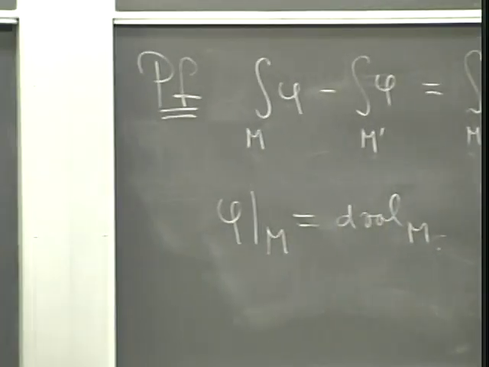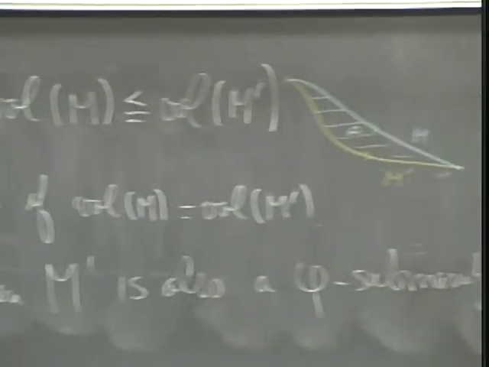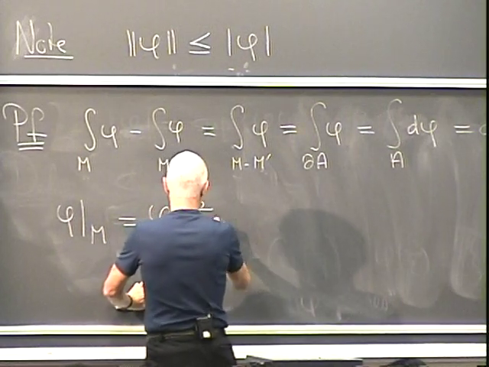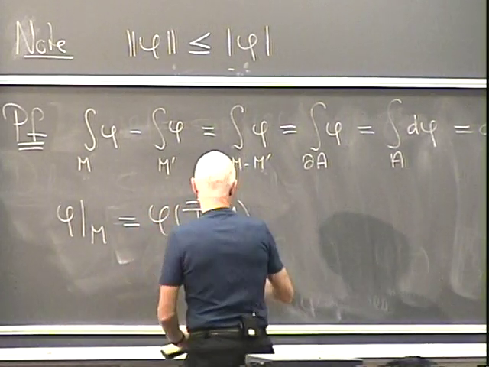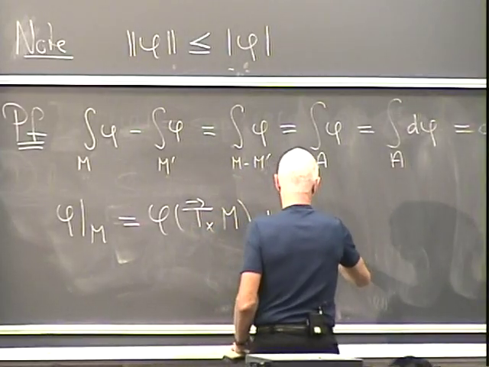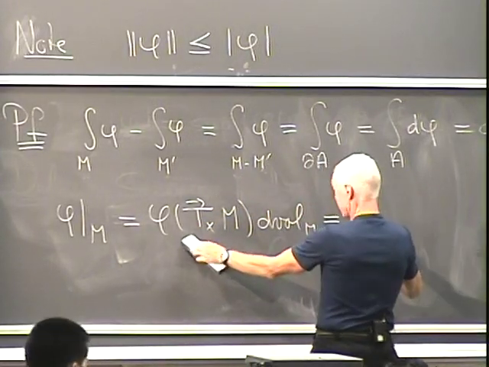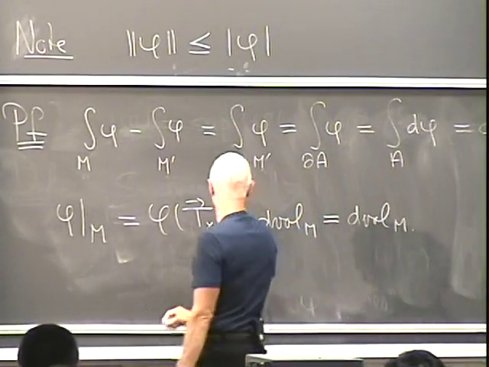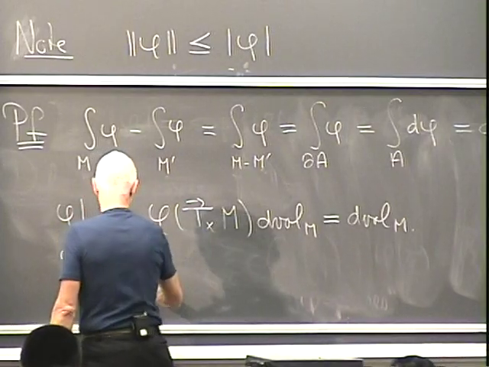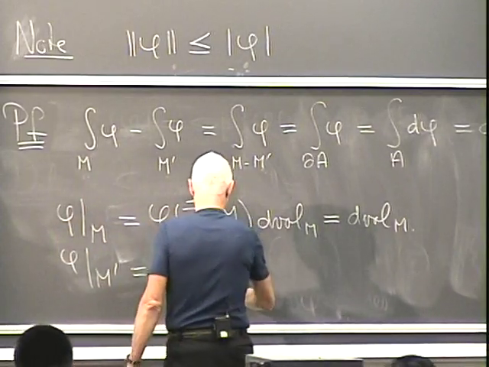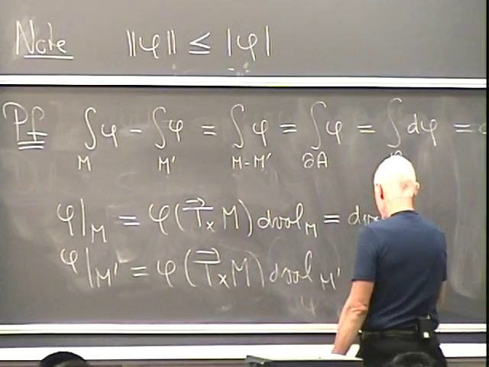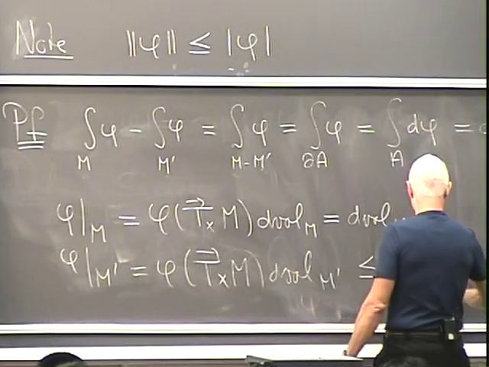Maybe I should write that down here: phi restricted to M is equal to phi applied to the unit tangent vector times d times the volume of M. And because this is equal to 1, this is just the volume form. And now the same thing when restricted to M prime: this is phi applied to the volume form of M prime, and this is less than or equal to the volume form of M prime.